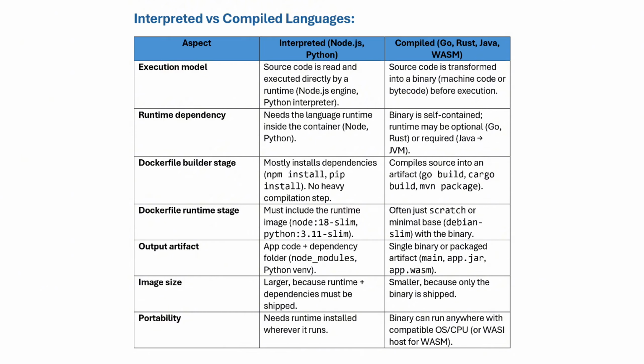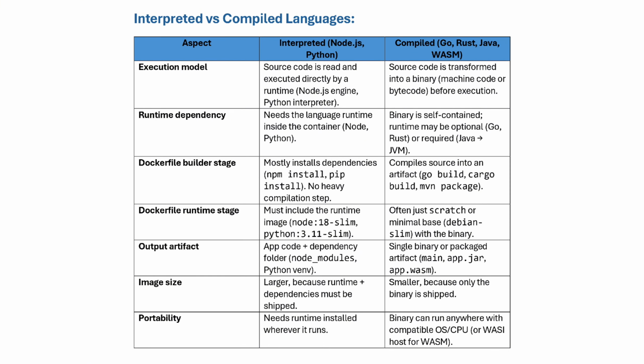Runtime dependency: interpreted languages need the language runtime inside the container, that is Node or Python, whereas in compiled languages, because the binary is self-contained, the runtime may be optional. For Go or Rust, runtime dependencies are not needed; it is required only for Java, that is the Java Virtual Machine.